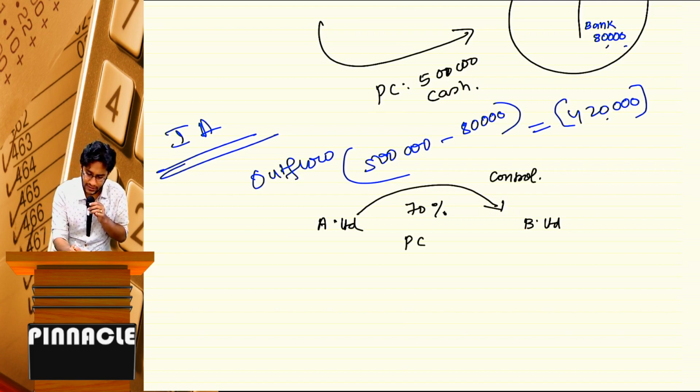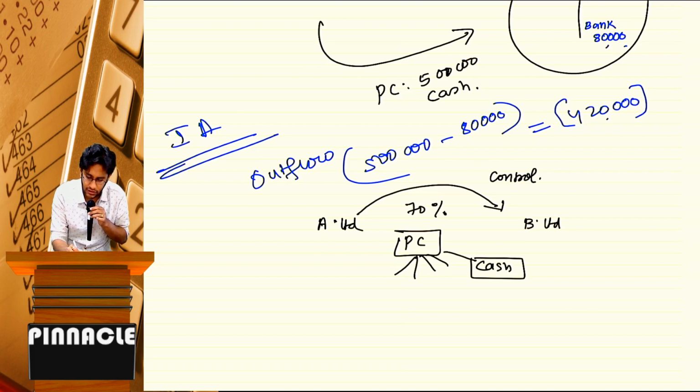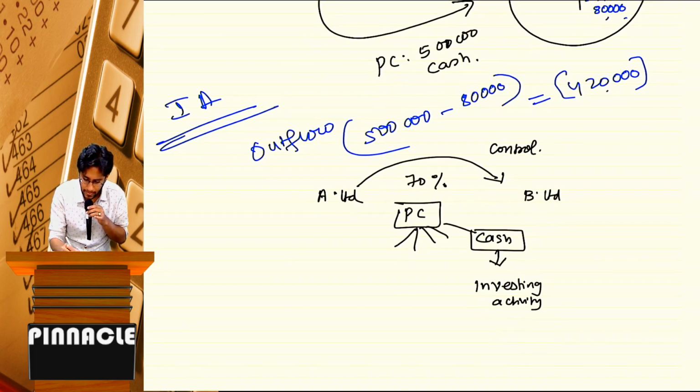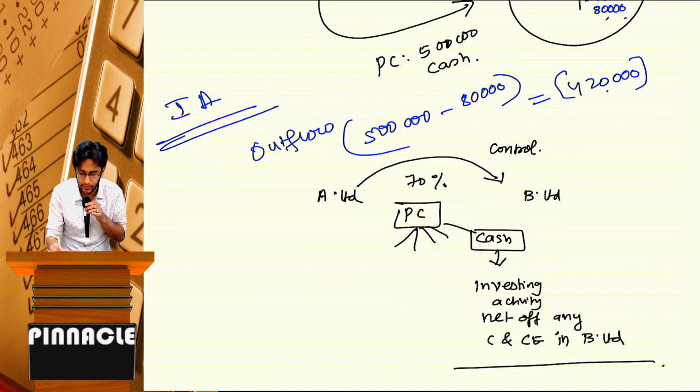Whatever purchase consideration he paid, there might be so many components. In this, identify the cash component alone. That cash component alone you must reflect as investing activity, net of any cash and cash equivalents in B Limited.